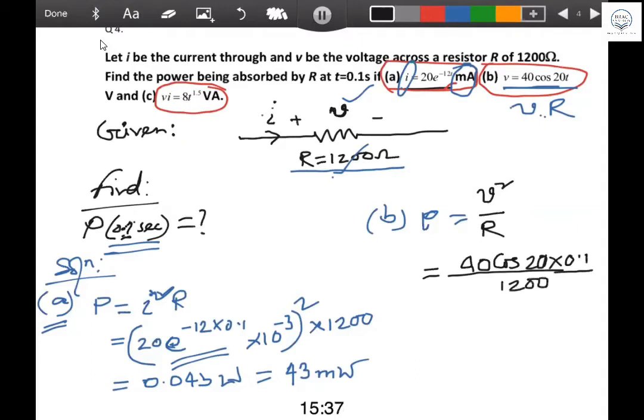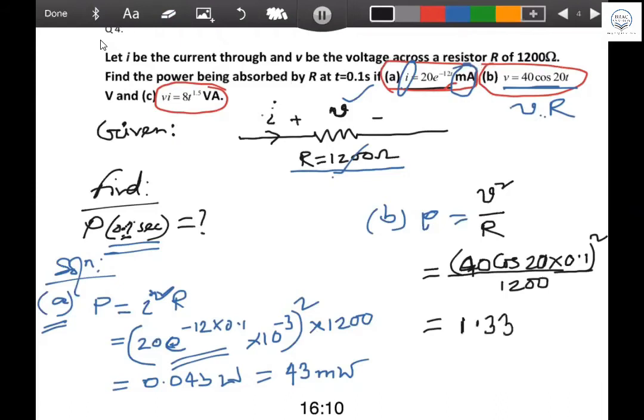The term on top will be whole squared, 40 whole squared. Now you can do your calculation. What is the answer coming? Muntasir, what is the value? 1.33, sir. Okay, all of you got 1.33.